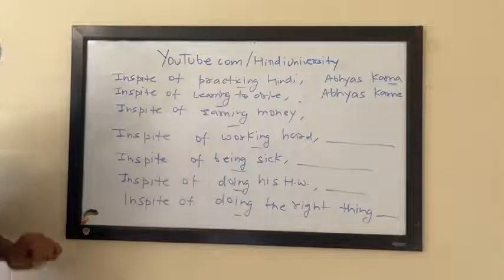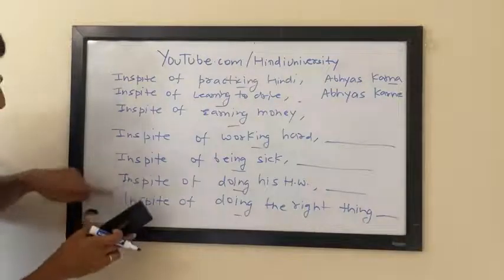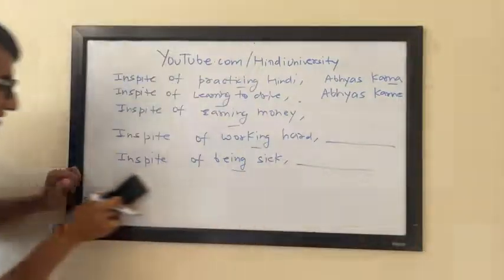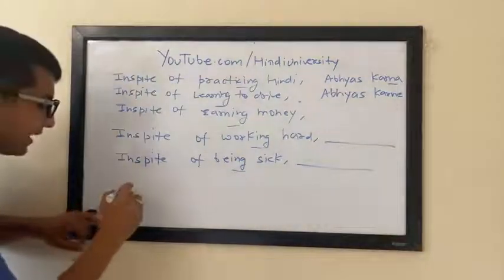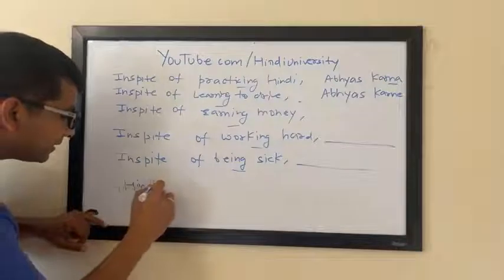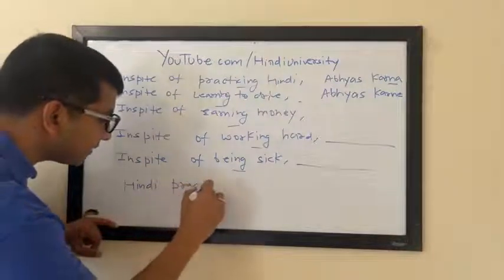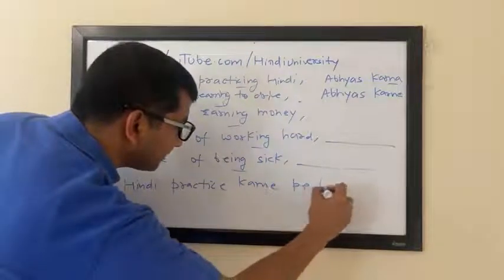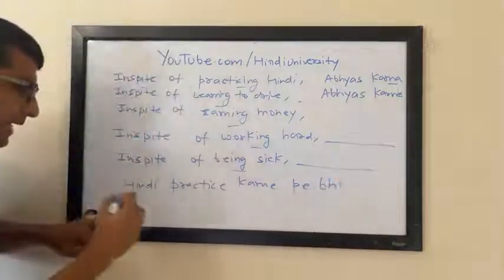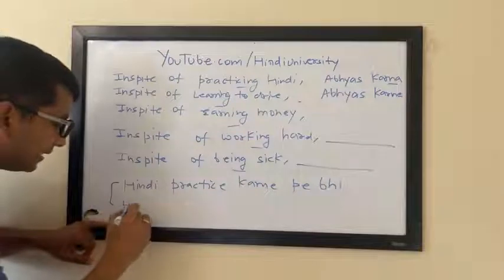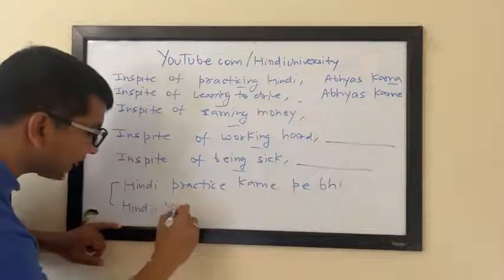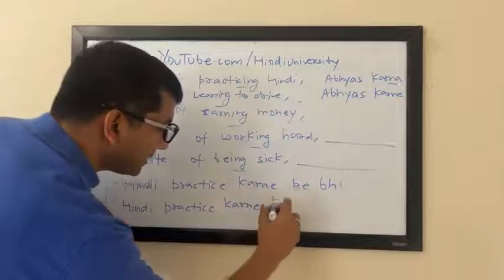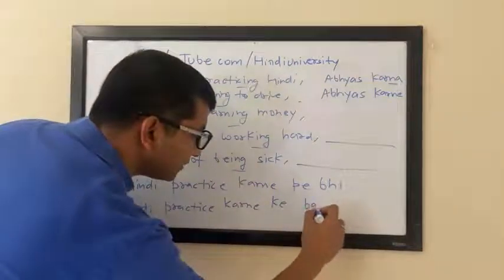So I'm going to erase some of it, and you guys have to remind me some of the sentences that I'm erasing. So all you're saying is Hindi practice karne pe bhi. The other form of saying the same thing would be Hindi practice karne ke bawajood.